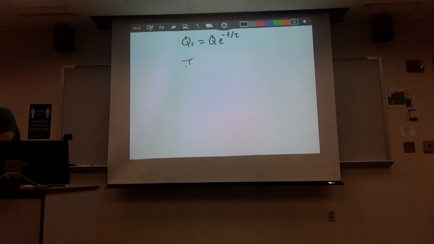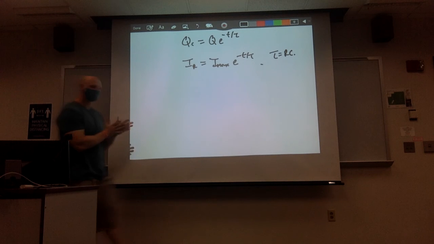Then the current across the resistor is equal to the initial or maximum amount of current times e to the minus t divided by tau. So they both exponentially decrease, where tau, just like before, is dictated by the resistance and the capacitance.